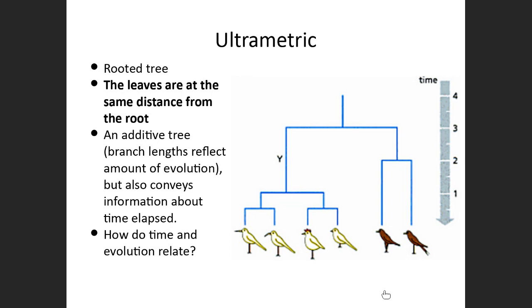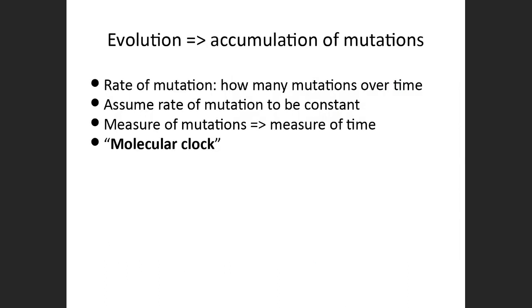So that we don't confuse time with how much more fit an organism was, those mutations we count are neutral mutations. We say that evolution is proportional to the accumulation of mutations, and we call this the molecular clock, but the mutations have to be neutral.